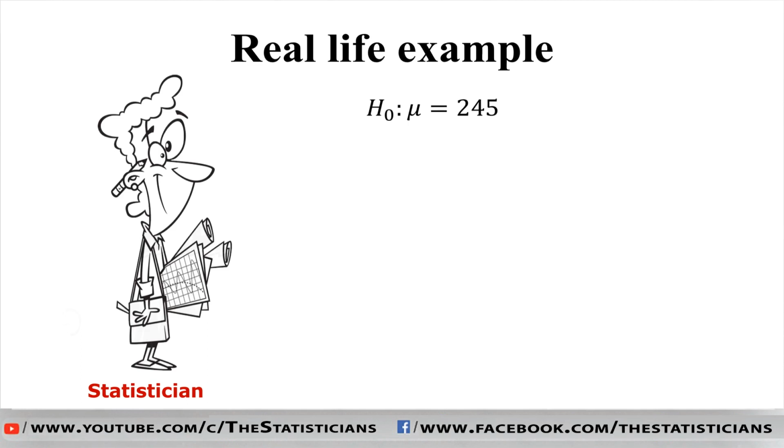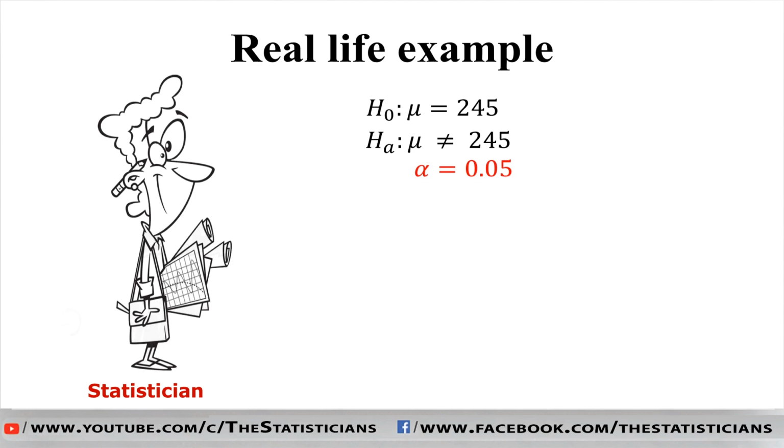The alternative hypothesis, H1 or HA, is what we are trying to prove. The manufacturer suspected that the average is different from 245. The statistician decided to use a significance level of 0.05. If the p-value is lower than this, he will reject the null hypothesis.